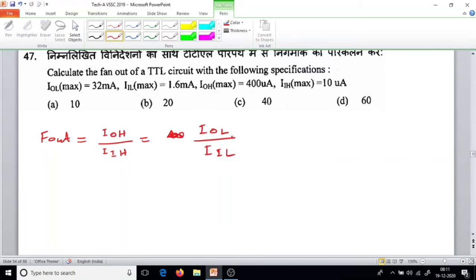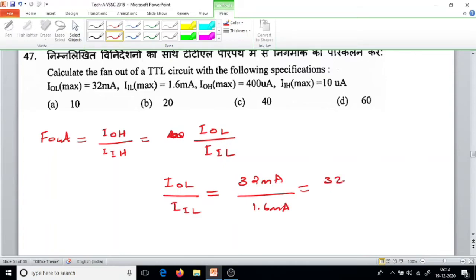Now, what is our IOL? IOL max. So we'll use IOL divided by IIL. I'll try to make a video on fan out. It's a simple concept but useful. This is 32 milliamps divided by 1.6 milliamps.